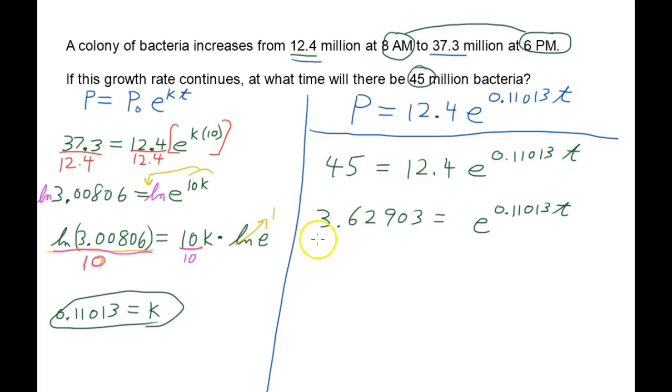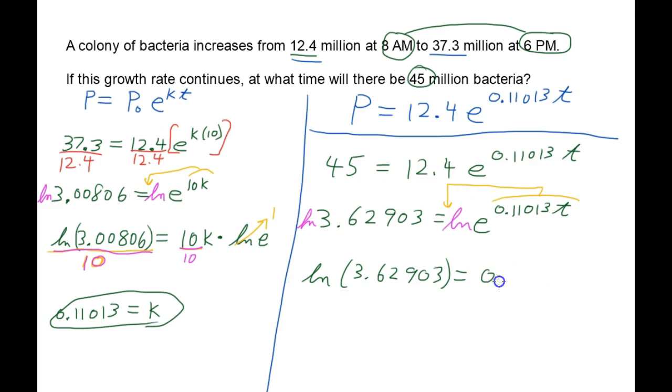We'll take the natural log of each side. I left a little space there so I could fit that natural log in. And then we'll say the natural log of 3.62903 equals, again, we're going to take this exponent, slide it out front, and continue.